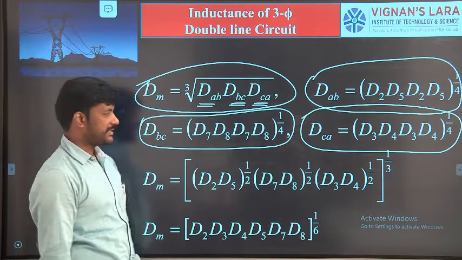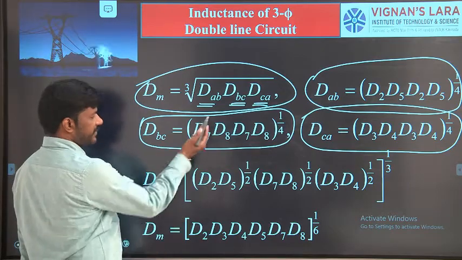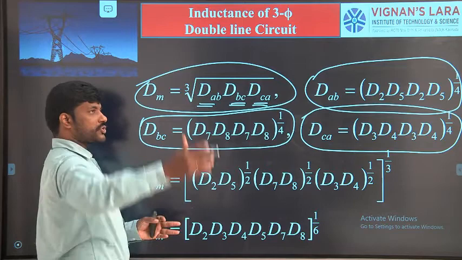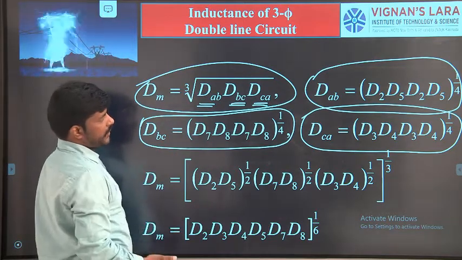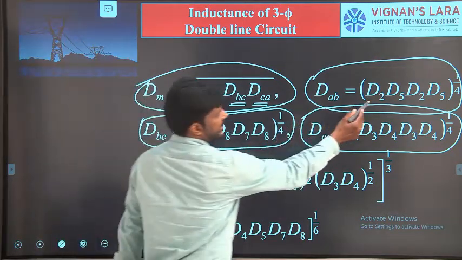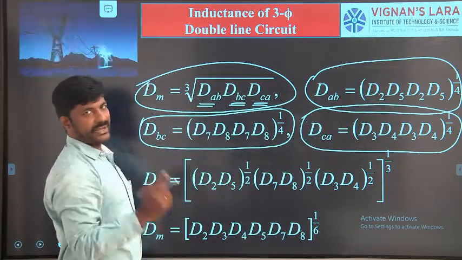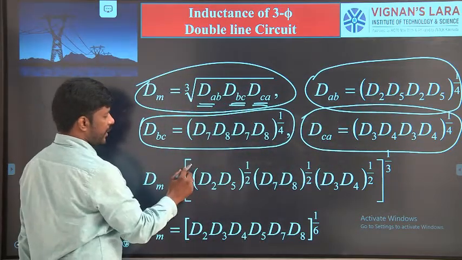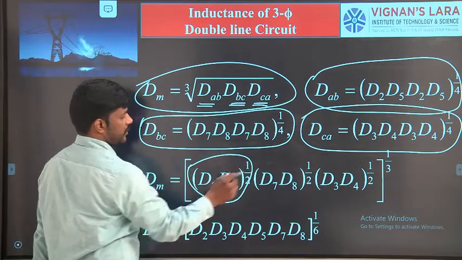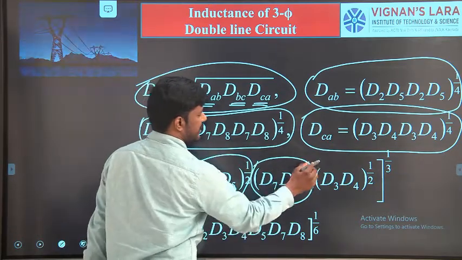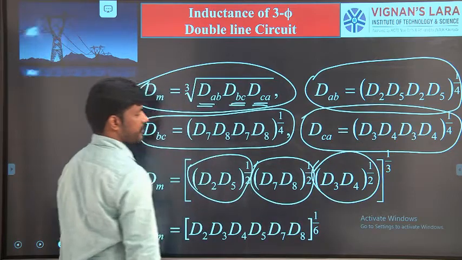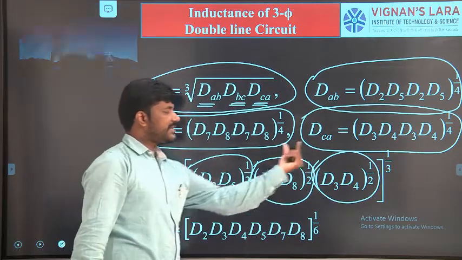As simple as that. In other words, we can simplify here itself instead of keeping those 12 in a long line. D2 squared, D5 squared; the square is cancelled for 1 by 4 two times. Then you will get the square root of D2 D5, square root of D7 D8, square root of D3 D4. So that is the first term, second term, third term.